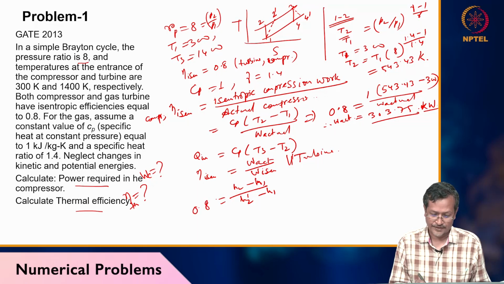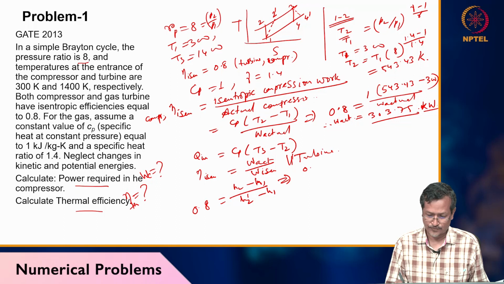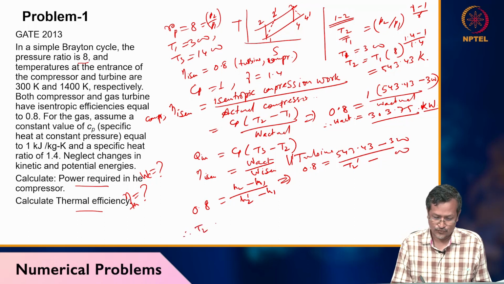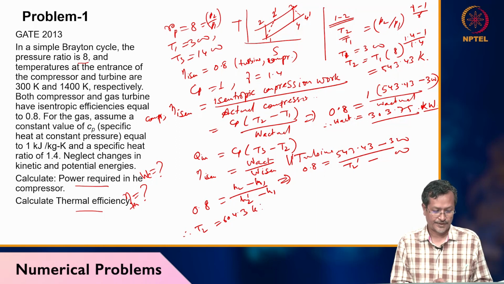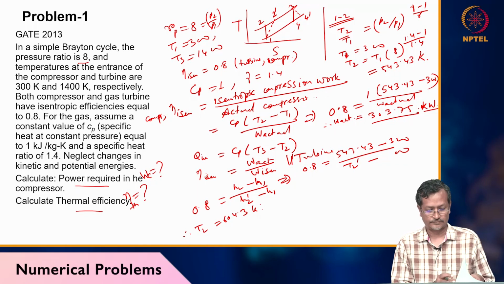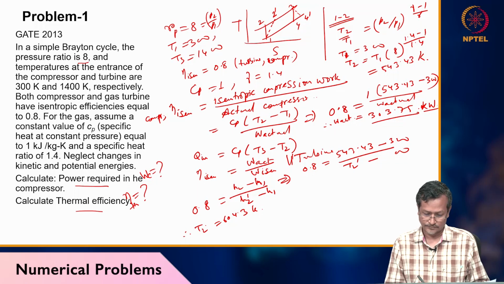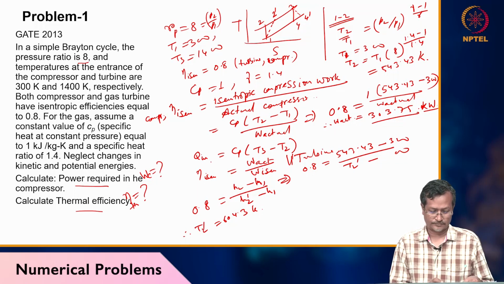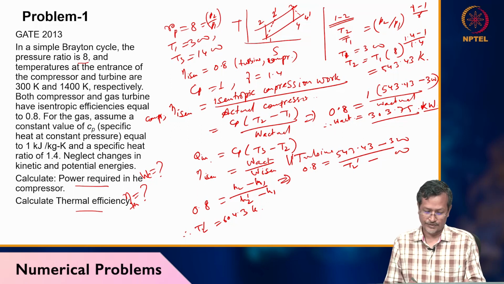So 0.8, which is given, equals 543.43 minus 300 divided by T2 dash minus 300. Therefore T2 dash equals 604.3 K. So we got the T2 dash value.